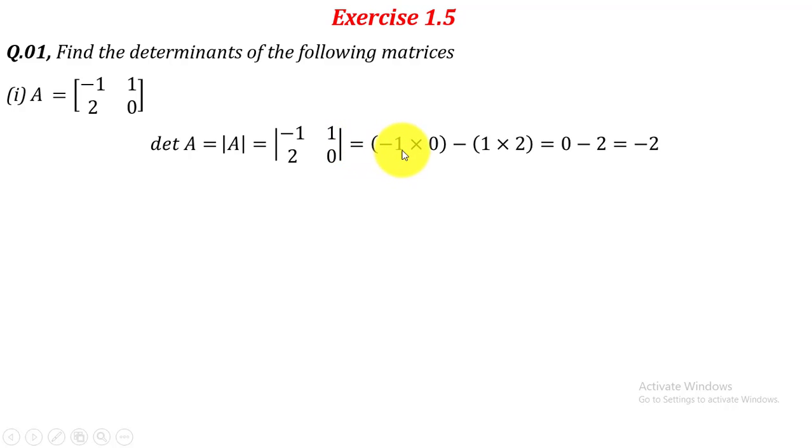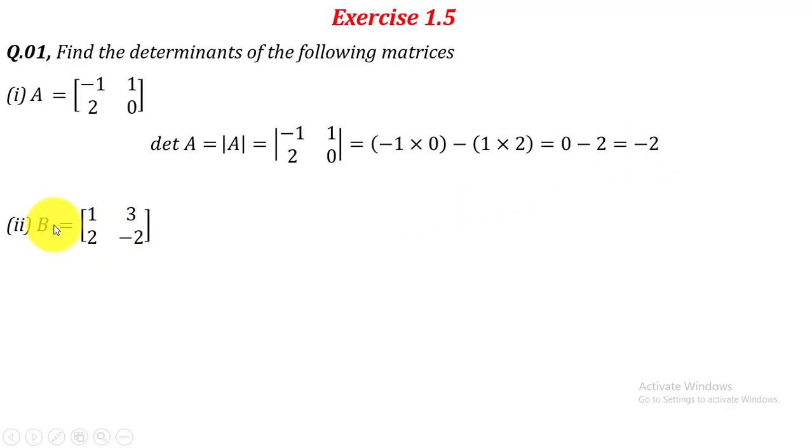That is equal to the first entry, obtained by the product of the principal diagonal elements, negative 1 times 0, minus the second entry, obtained by the product of the other elements, 1 times 2. That is equal to negative 2.